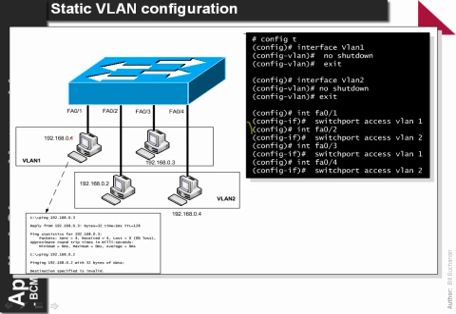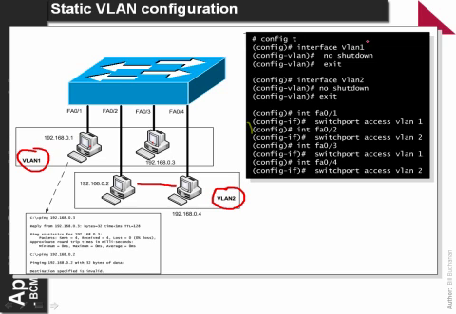So for static VLAN, what we have here are two nodes that connect to the same VLAN, and we have two other nodes which connect to the second VLAN. These ones connect to VLAN 1 and these ones to VLAN 2.